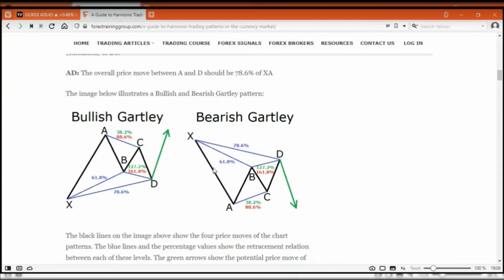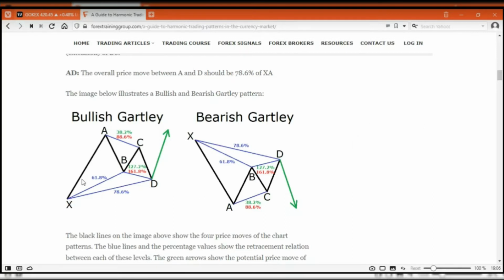We have some values in harmonics, and based on some values we're going to use Fibo. With the help of Fibo, we're going to draw these patterns.